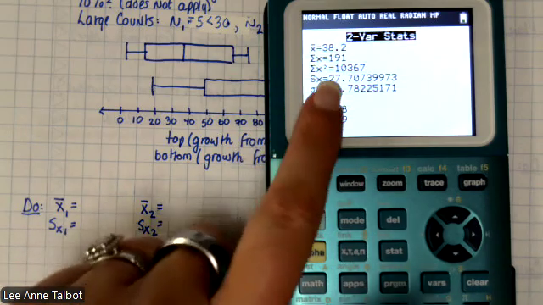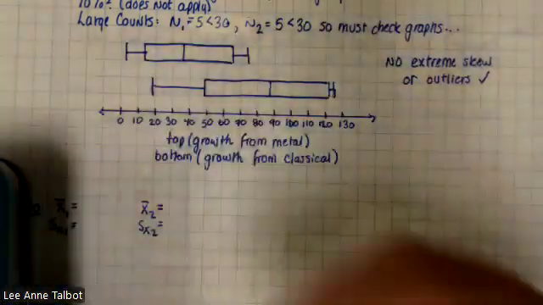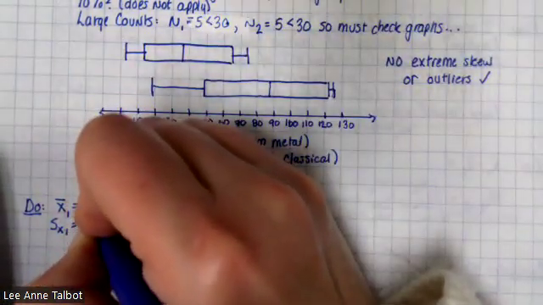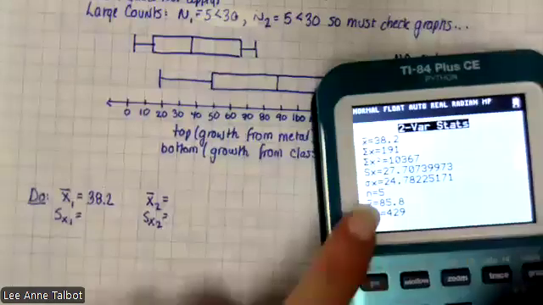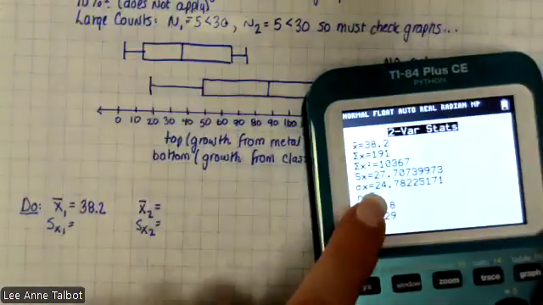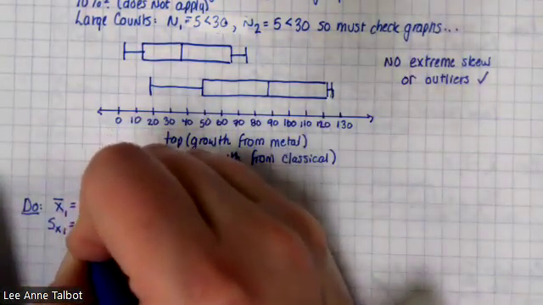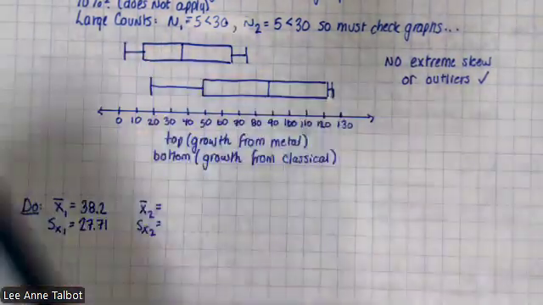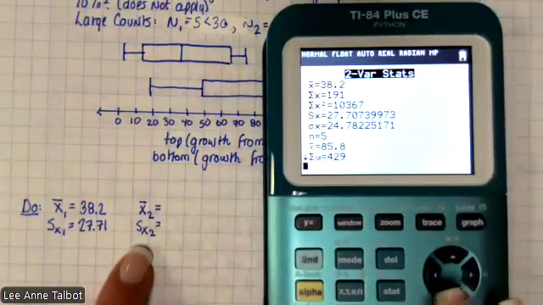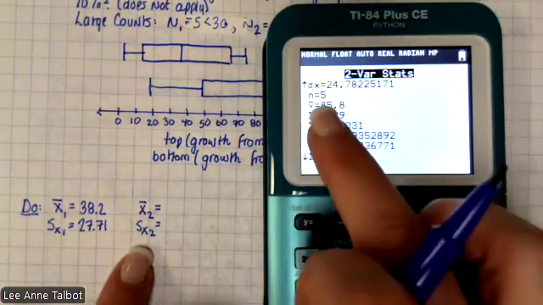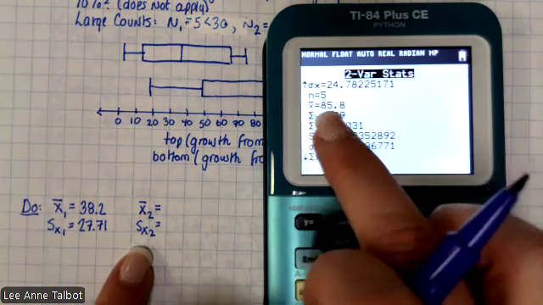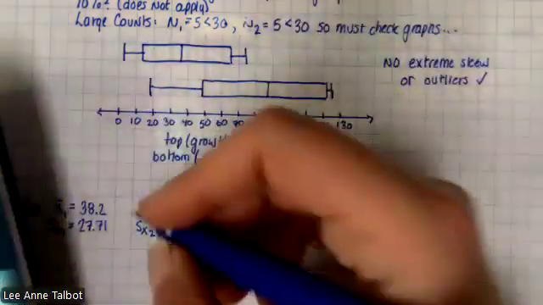So my first list, the mean is 38.2. And the standard deviation is 27.71. And then for my second list, the mean is 85.8.